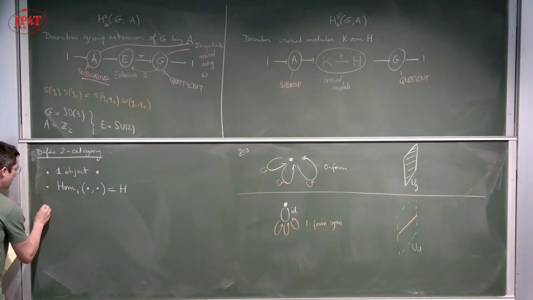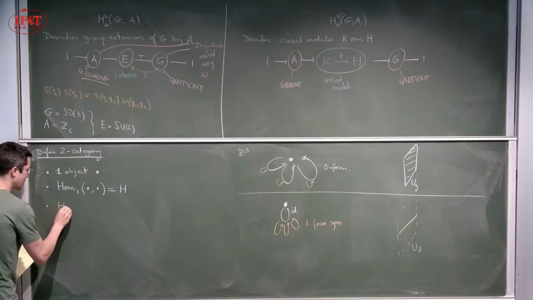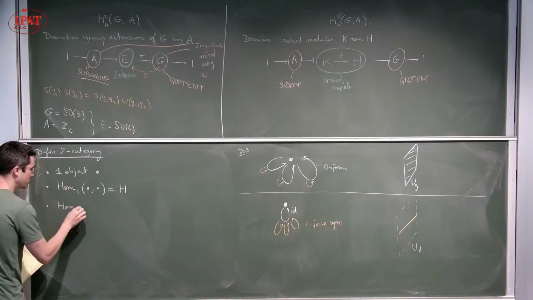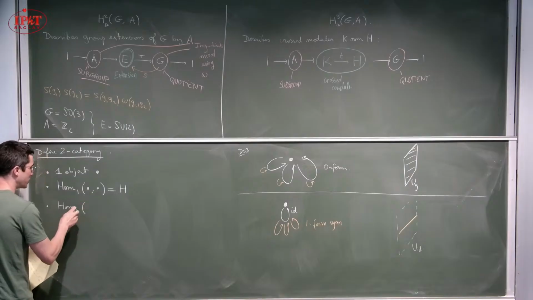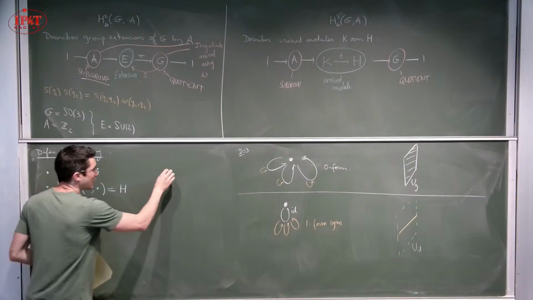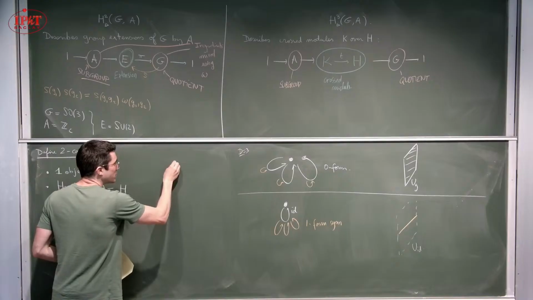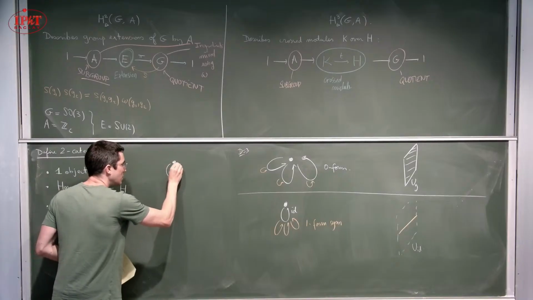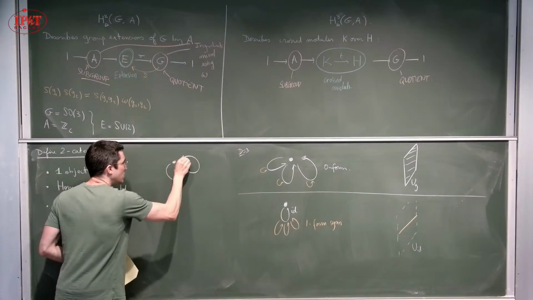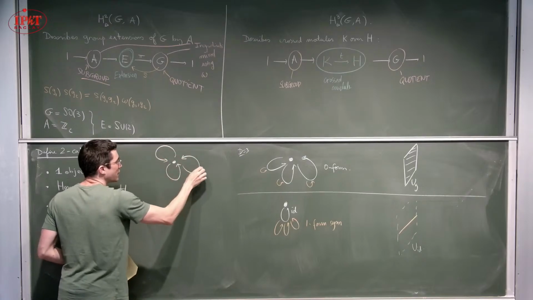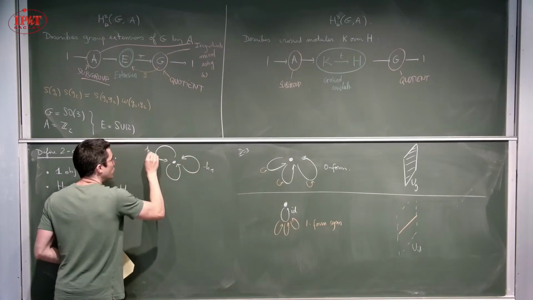And now the fun part is the second arrows, the two morphisms. Let me not be too precise here. There is only one object, and then there is a bunch of arrows labeled by the elements of H: H1, H2, and so on.